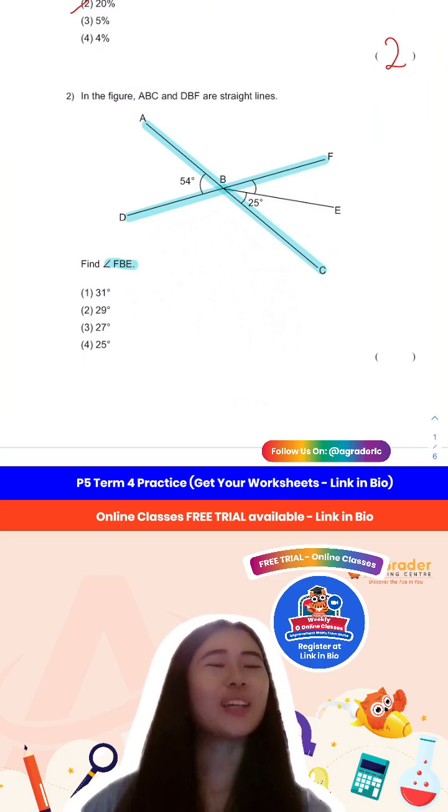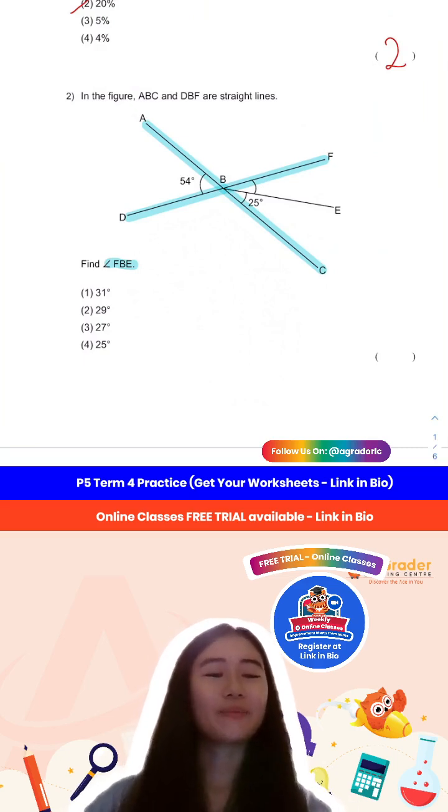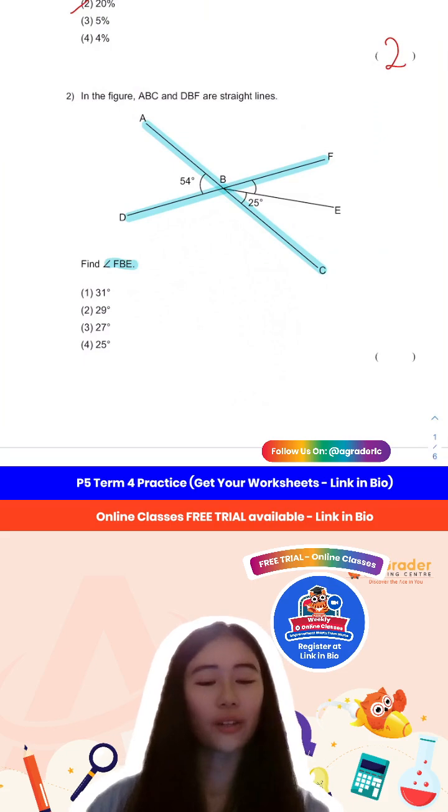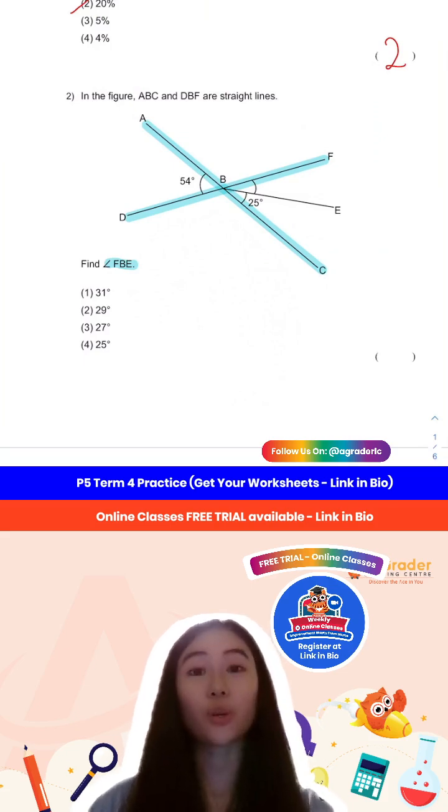Arfin, X is not the name of the property. IDK, 180 is not the name of the property also. Okay, somebody mentioned vertically. JFlow, vertically opposite angles. Yes, that's right. So that's the property I'm going to use for this question.